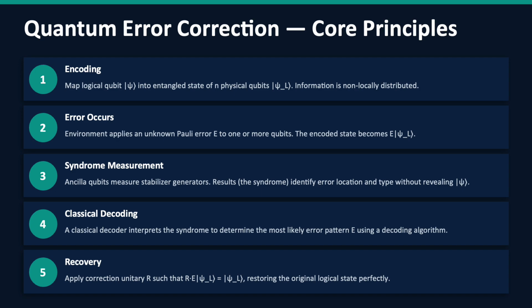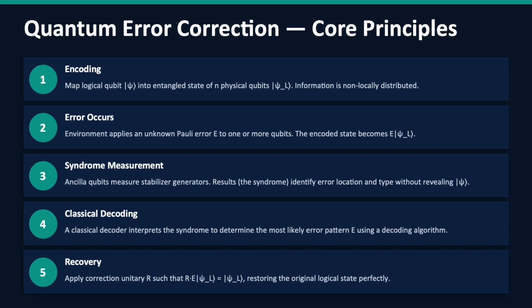Quantum error correction, the core principles. The process of quantum error correction follows a clear sequence of steps, and understanding this pipeline is essential for everything that follows. The first step is encoding. You take the fragile quantum information you want to protect, your logical qubit, and spread it across multiple physical qubits using a carefully designed pattern of entanglement.